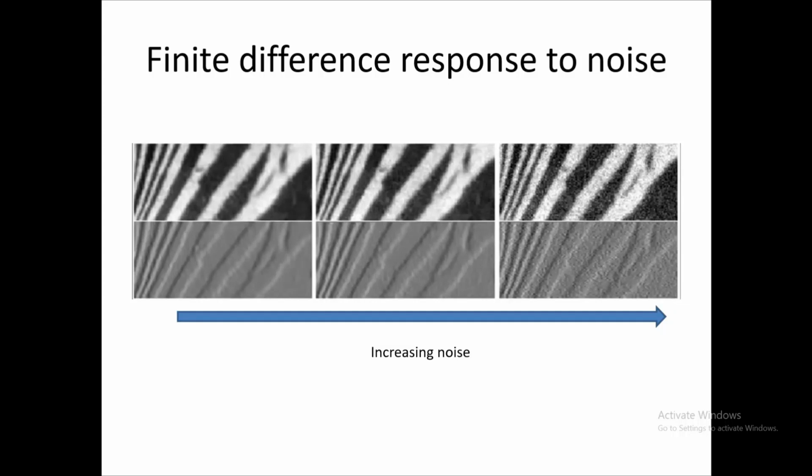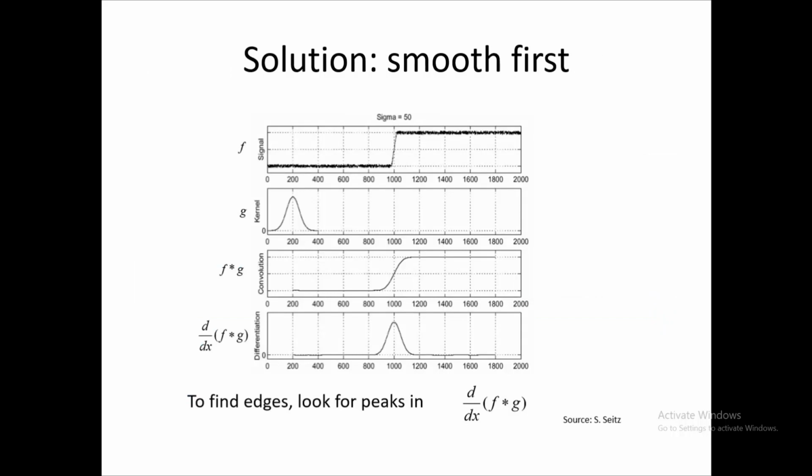So again, here is a function f(x). What we do is smooth this function with a kernel g, with a sigma of 50, applying a smoothing function.